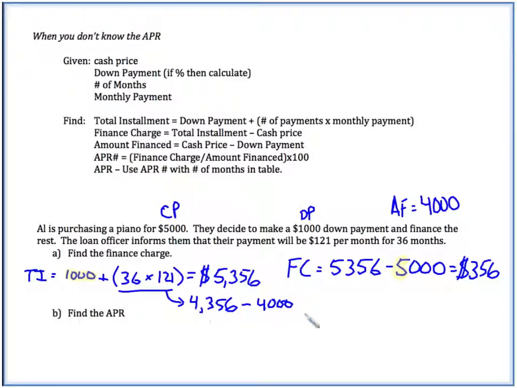So it's kind of another way around that. If you want to find your finance charge, you could also do your payments minus your amount financed. So total the payments, which is right here, minus the amount financed.